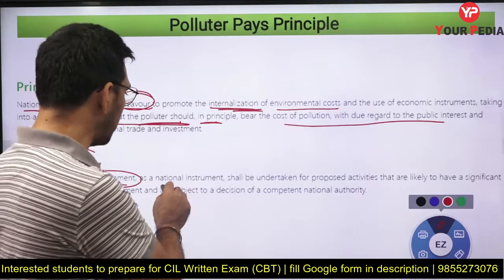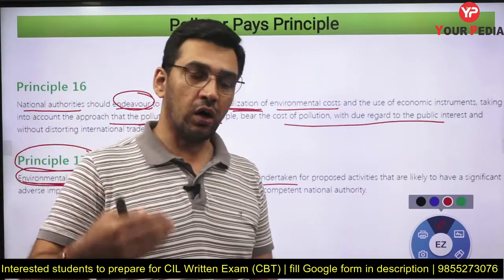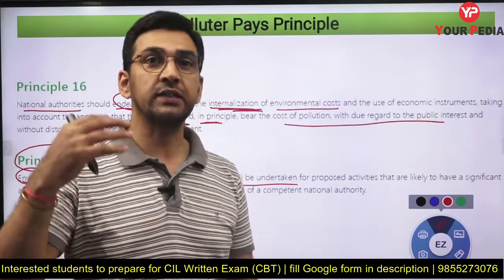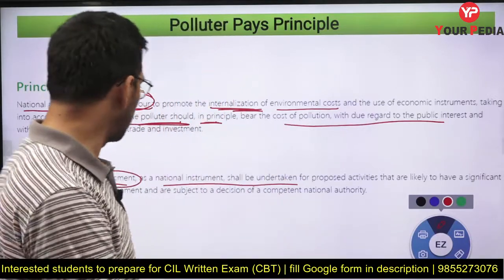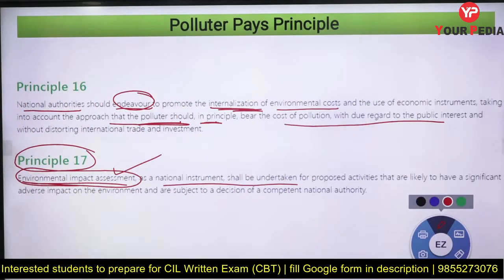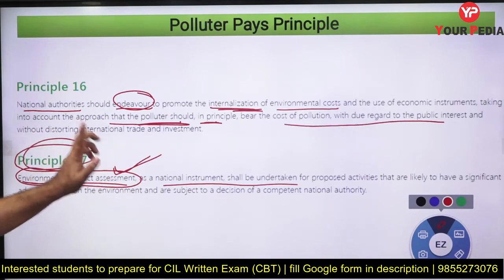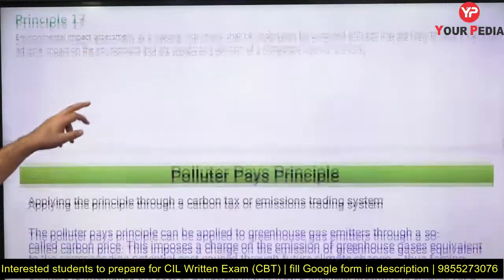They have clearly mentioned that countries should adopt this approach of environmental impact assessment, where projects can create a lot of harm to the environment, directly or indirectly. We will discuss that part over there, but over here just remember that it has been enshrined under Principle 17 of the Rio Declaration, even though this is not directly related to this.